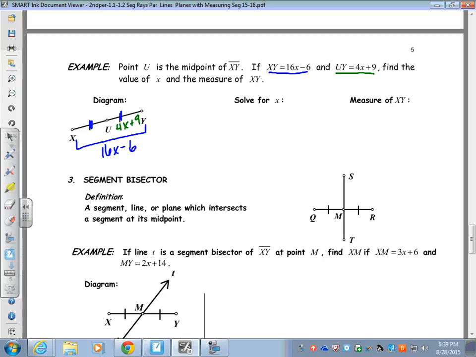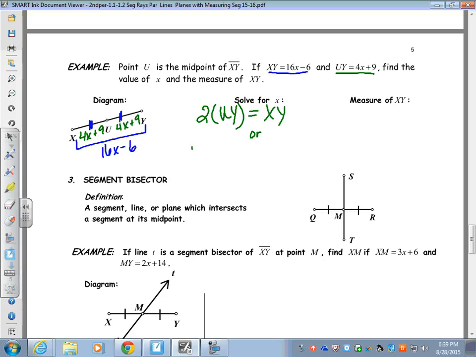So right now, this is what I was saying. If I know just the part, I know that I could double; UY is the same as XU. So there's two ways I can do this. I could say that I can double UY and it would equal XY. Or, since I see this tick mark to represent UY, and I don't have an expression to represent XU, I would know that it would also be 4x plus 9.